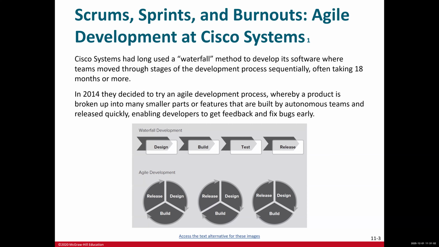One of the key components of agile development is that the product is released in small increments regularly. As you can see, these circles in this picture show design, build, release.